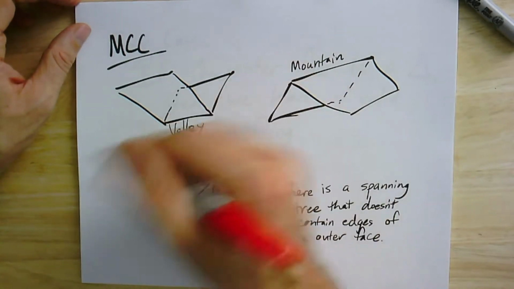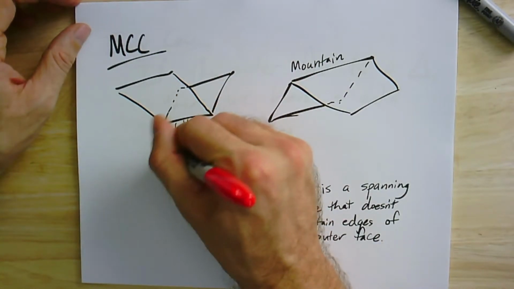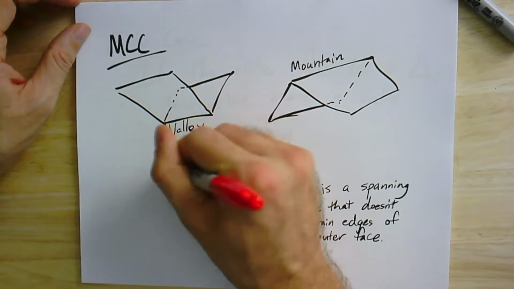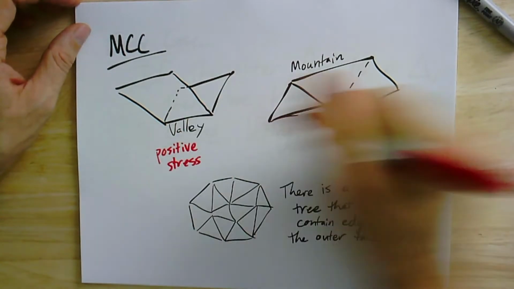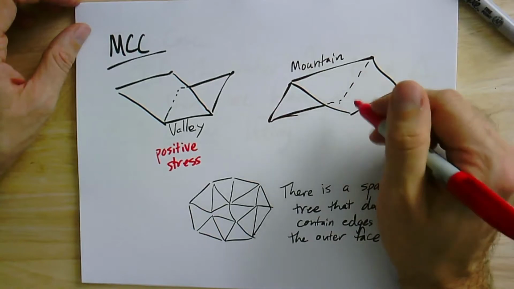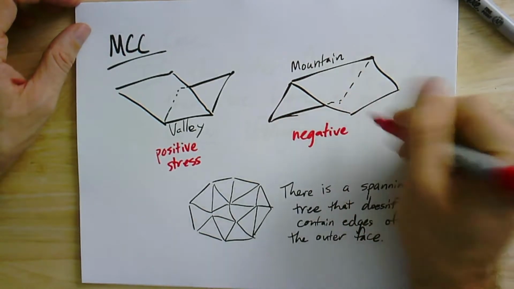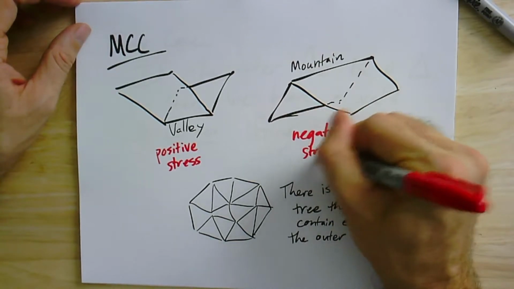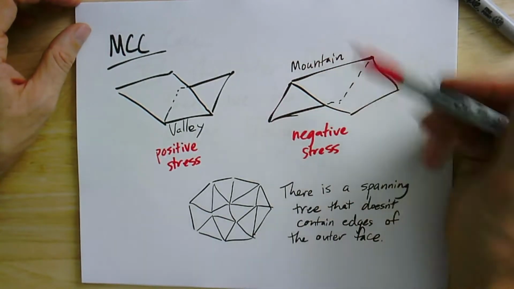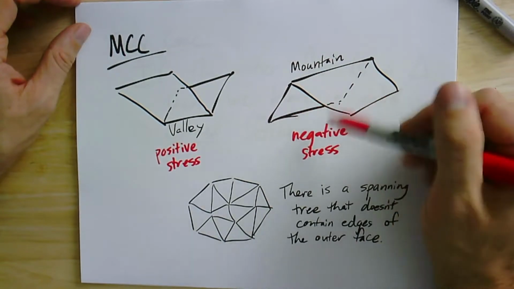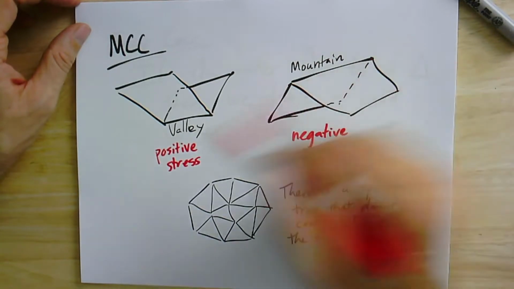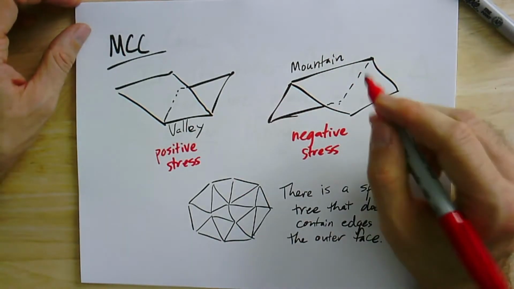Well, it turns out that a valley fold corresponds to a positive stress, and a mountain fold is a negative stress. So when I put a spring constant on this edge and I find the equilibrium, if it is an equilibrium, then if there was a negative spring constant, it's going to form a mountain, and if it was positive, it's going to form a valley.